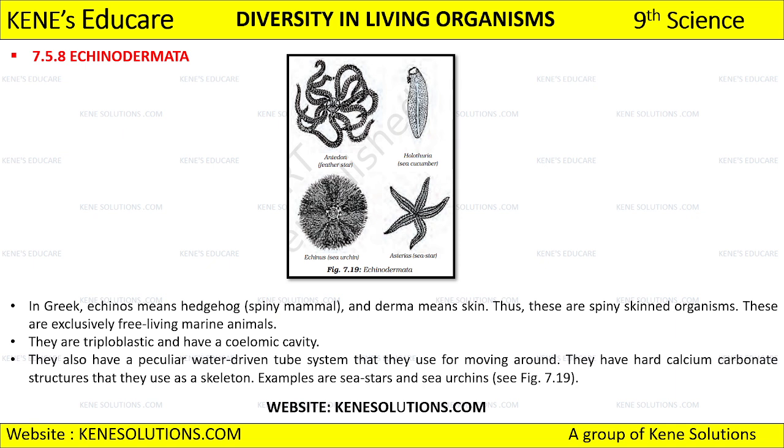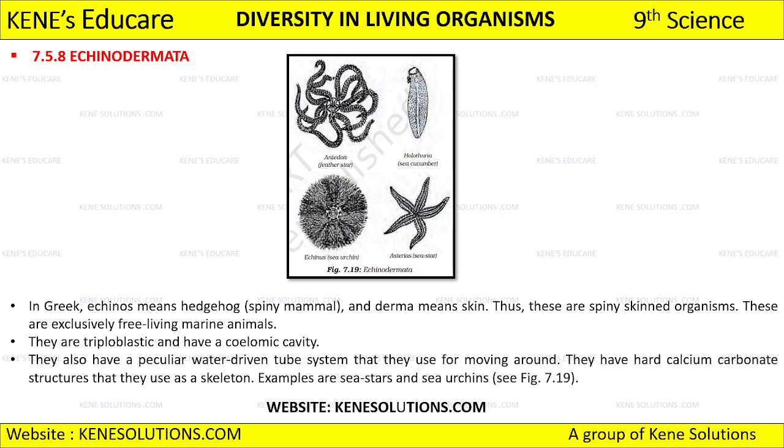These are exclusively free living marine animals. What are they? They are free living marine animals. They are triploblastic and have a coelomic cavity. Triploblastic means they are made up of three germ layers: endoderm, mesoderm, and ectoderm. So they are triploblastic in nature and they have a coelomic cavity present inside.